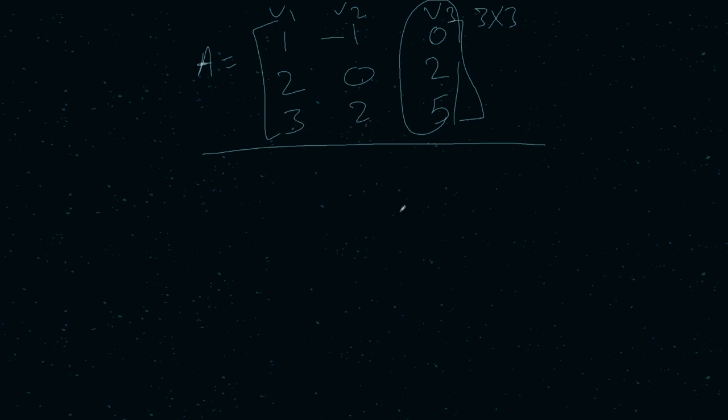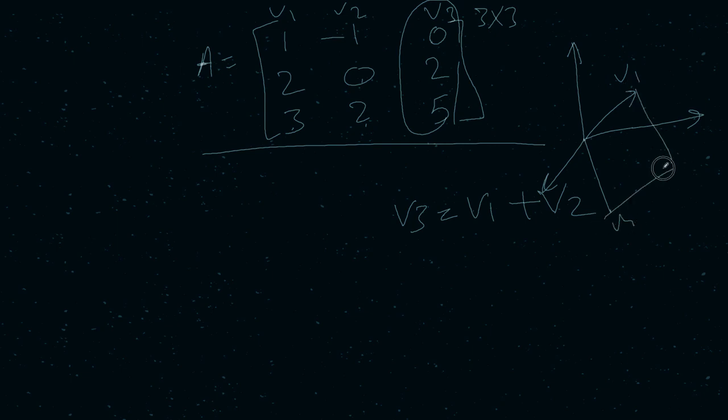So actually v3 is nothing but v1 plus v2, which means that in the previous slide, when we talked about the space spanned by these two vectors v1 and v2, the plane here, v3 is just a point inside that plane.